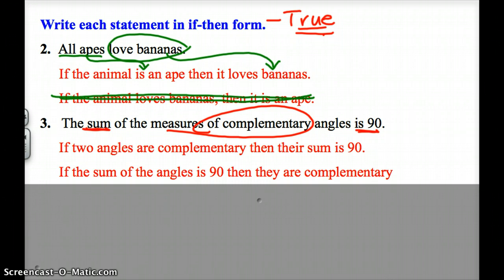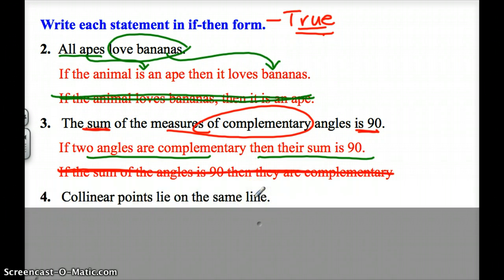In this example, you have the complementary angles, and then you're going to be adding them together. This first one is my answer. The second one is not. You have complementary angles first. You're doing the sum second. So the top one is correct. If two angles are complementary, then their sum is 90.